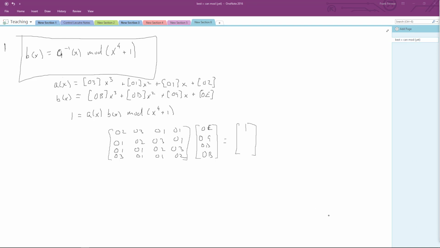Problem 6.9 is a similar idea. 6.9 asks, compute the output of the mixed columns transformation for a sequence of input bytes, and the sequence is given, and then apply the inverse transformation to make sure that you get the original thing that you put in back, right?